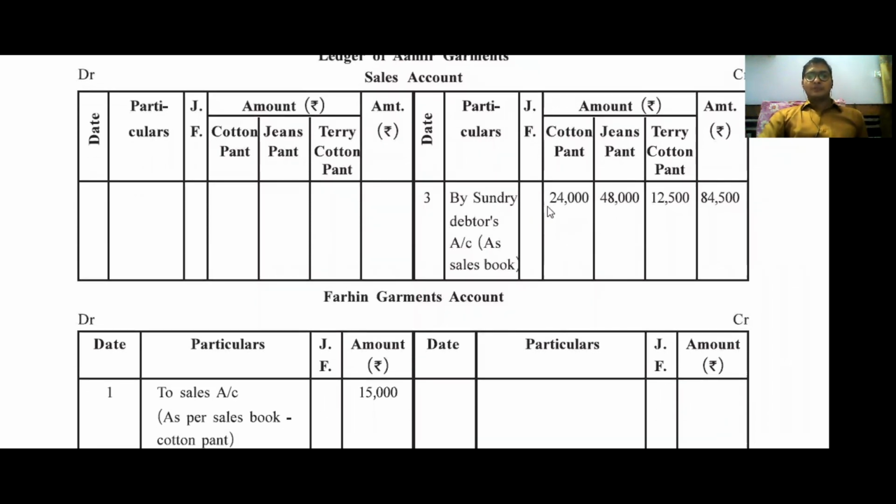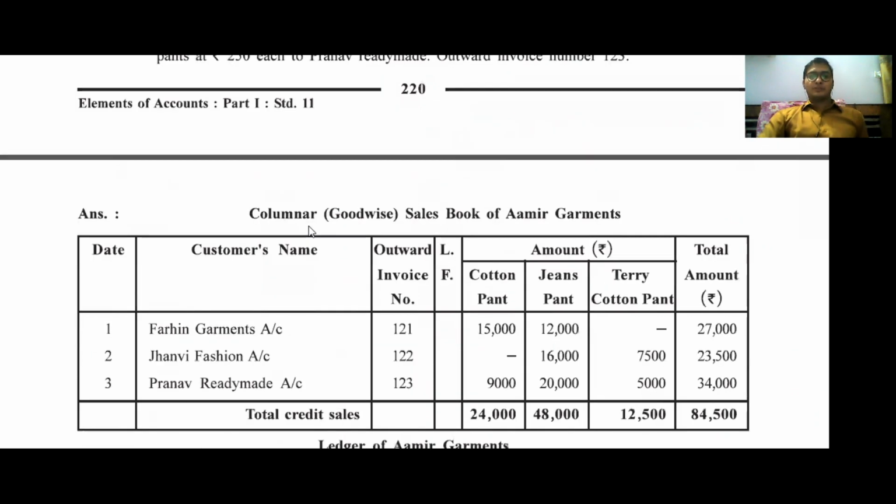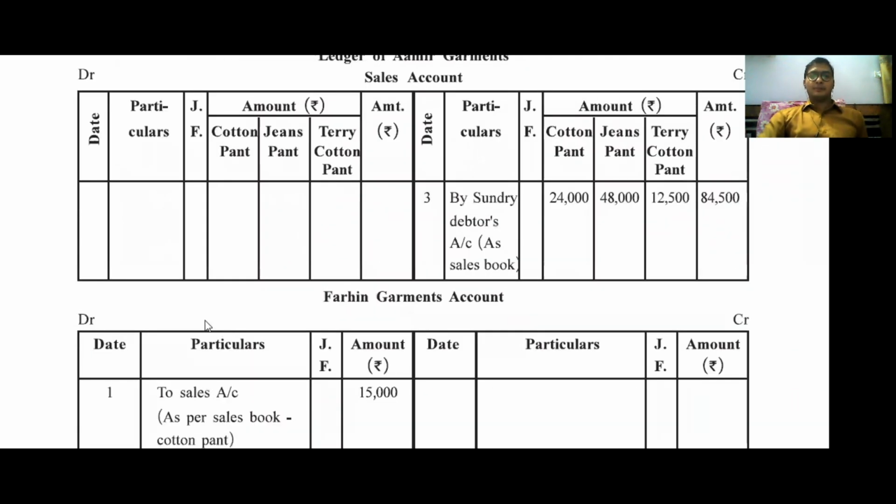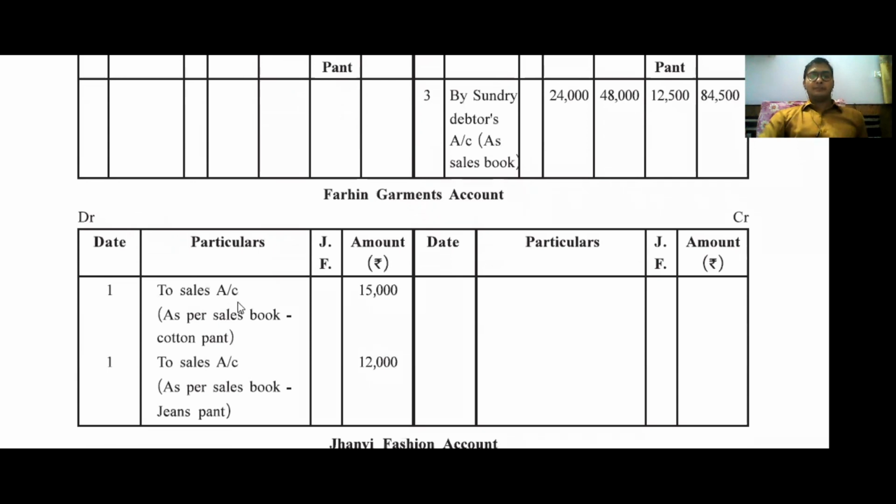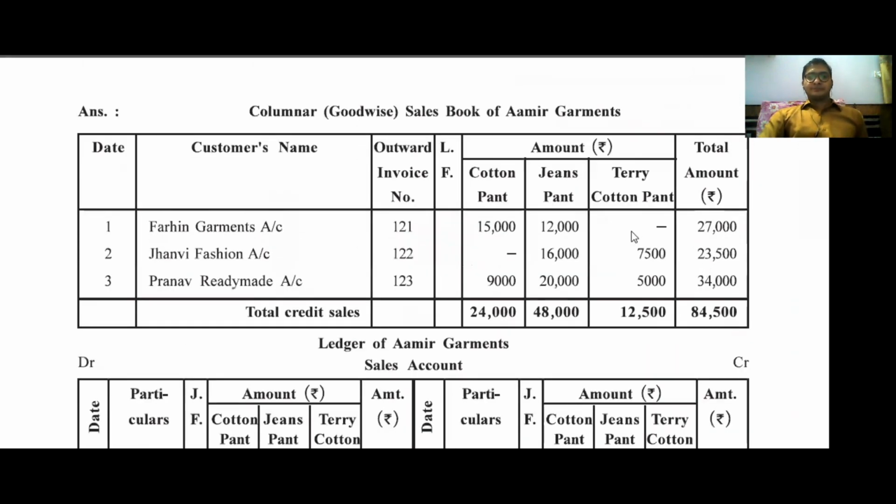Now the first customer is Farhin Garments. The format is date, particulars, JF, amount, on both sides. In Farhin Garments, cotton pant is 15,000 and jeans pant is 12,000, total 27,000.